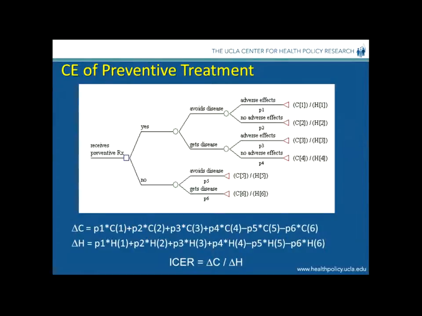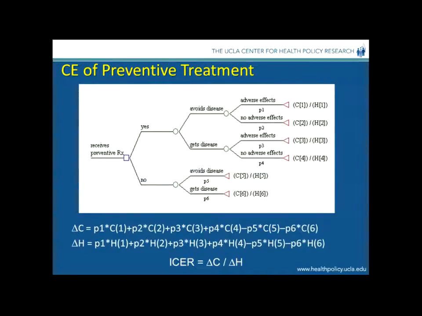You could further refine this almost infinitely, but in its most general form, this is what every preventive treatment breaks down to. And basically, the idea is that you hope that people avoiding the disease and avoiding adverse effects, in other words, in this example, P2, is much, much higher than people who don't get the prevention.